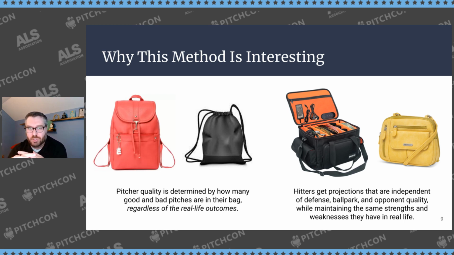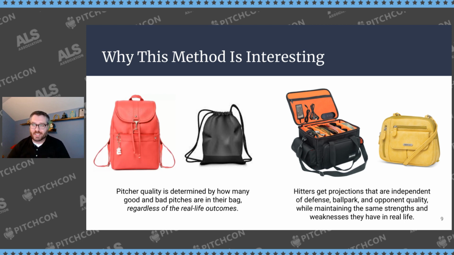Well, we can adjust for these things and neutralize those factors so that we get a more true talent type of view. They also have the same strengths and weaknesses that they have in real life. If a guy is good against breaking pitches, then he'll be good against breaking pitches in our simulator. If he's bad against fastballs, well, he's going to be bad against fastballs in our simulator. Okay, so this is, again, why this is an interesting method.